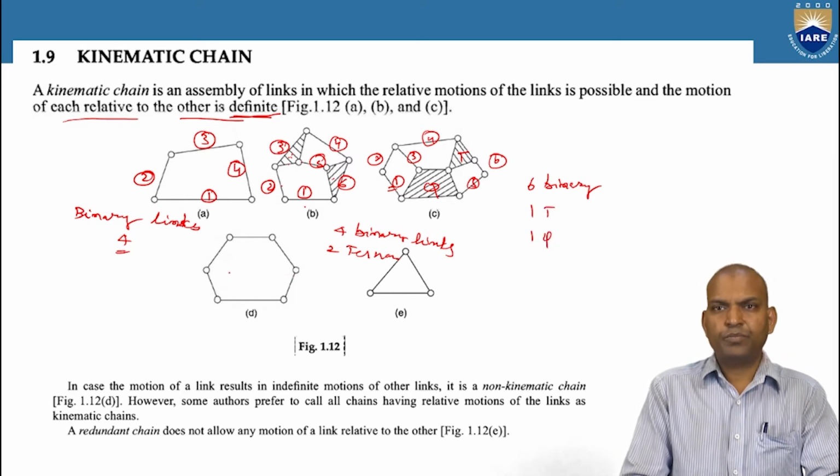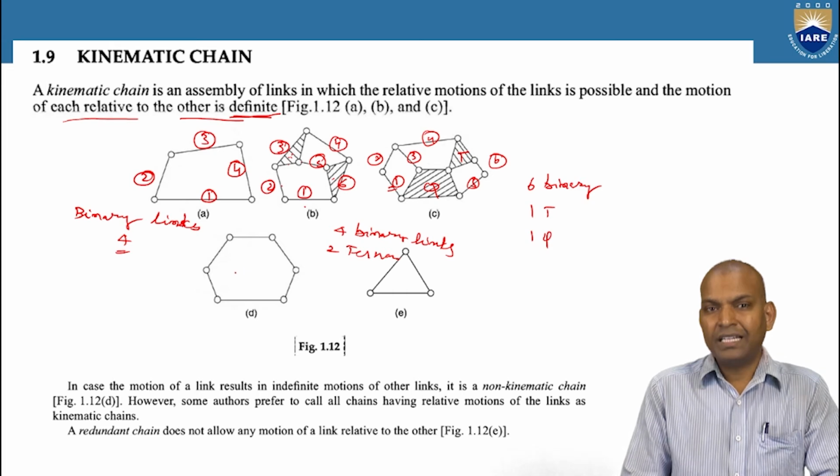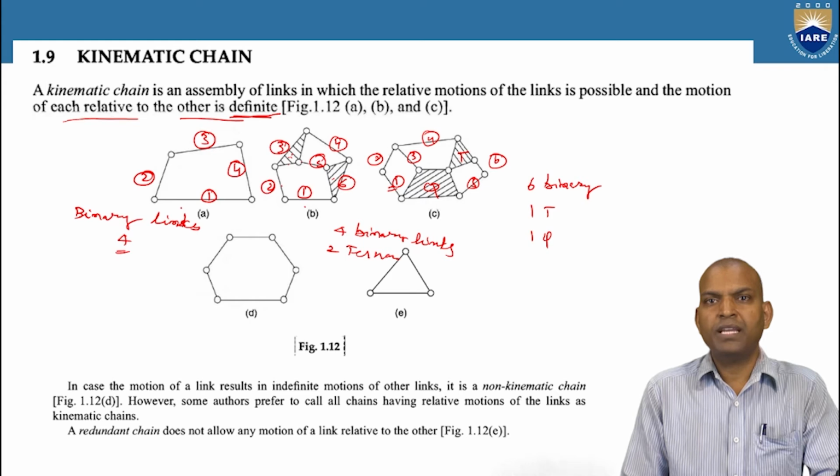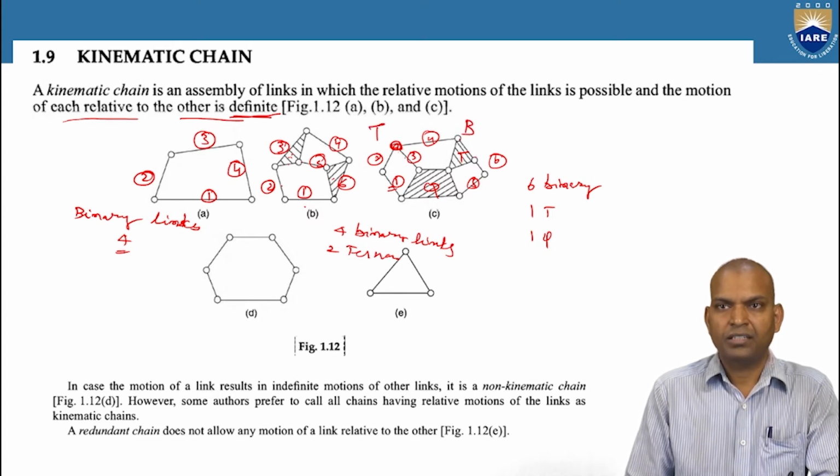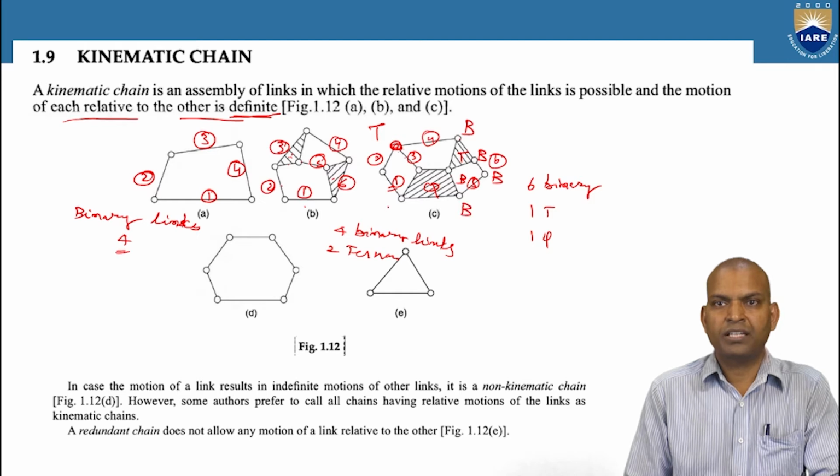But here, please pay attention. The binary links are different from joints. Now, how many ternary joints are here? This joint is a ternary joint: 1, 2, 3. Now this is a binary joint, this is binary, this is binary, this is binary.